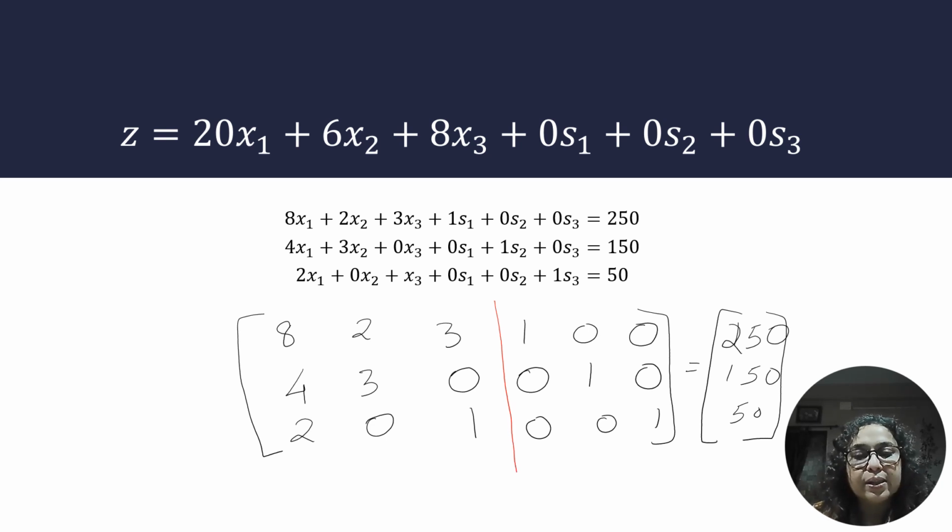So actually here we can get an initial solution if we set x1, x2 and x3 to 0. I write x1 is equal to x2 is equal to x3 is equal to 0.